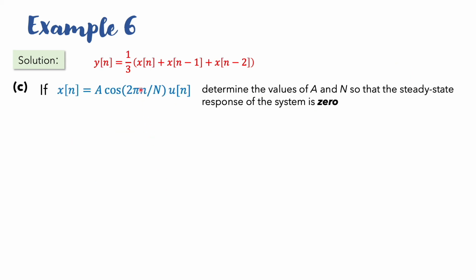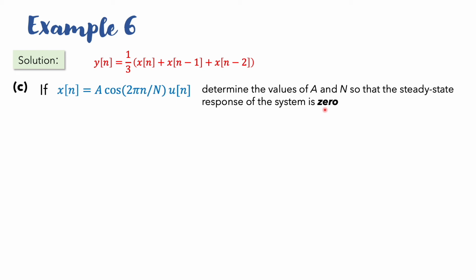Okay, in this part of the example, the third part, we were asked to find the value of a and the value of n when the steady state response of the system is 0. Steady state response means the response that is stable, it stays like that, it does not fluctuate up or down.